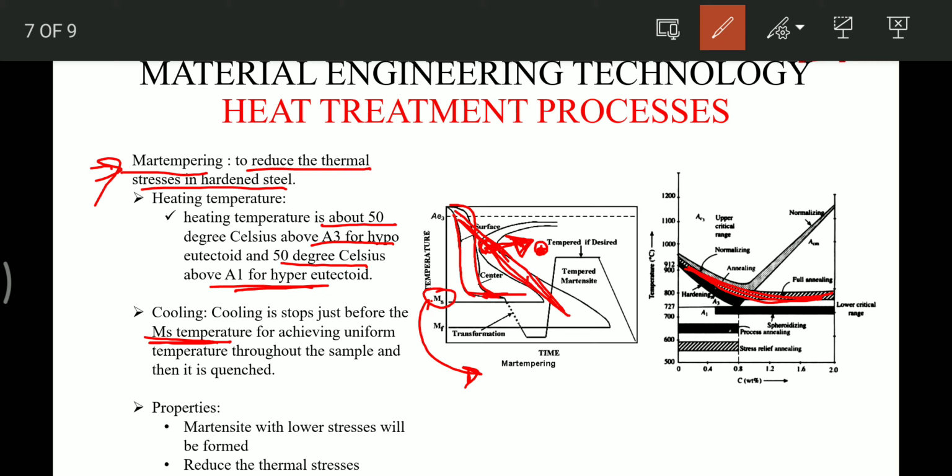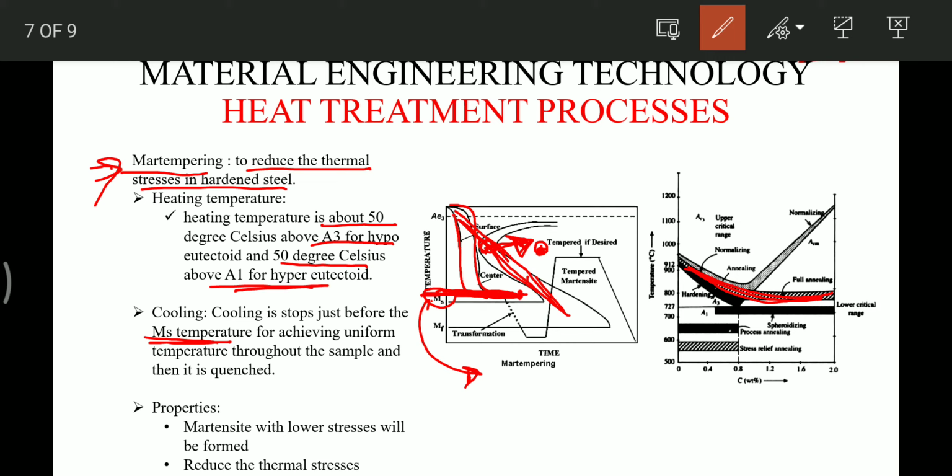we have to wait, okay friends. We have to wait at this temperature, just before this temperature. After reaching this point, we have to wait. That means we have to do isothermal cooling.